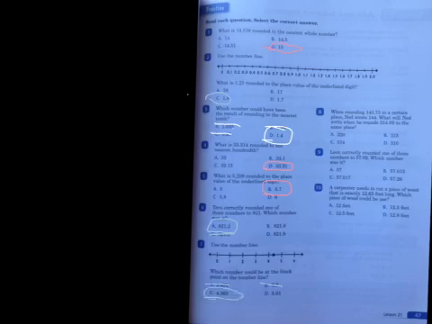Alright, so let's look at number 8. So number 8 reads, when rounding 143.73 to a certain place, Ned wrote 144. What will Ned write when he rounds 314.88 to the same place?